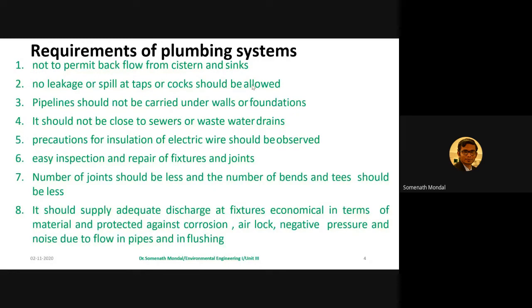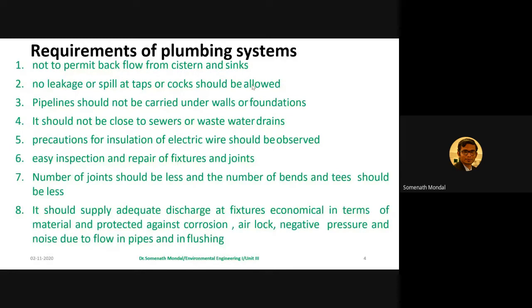All joints shall be preferably watertight, and no leakage or spill at taps or cocks should be allowed. So this part is very, very important, because if you have so many different connections or joints within your house or residential building, then it will mess the entire area. That's one thing.